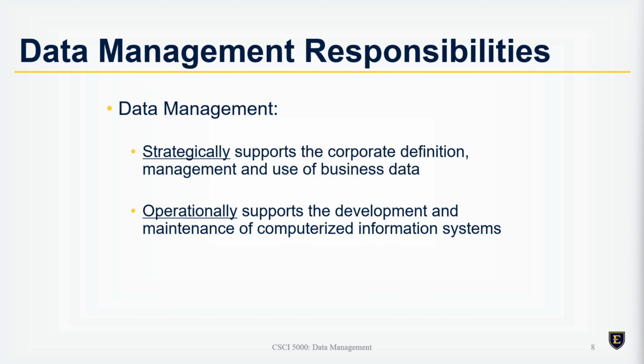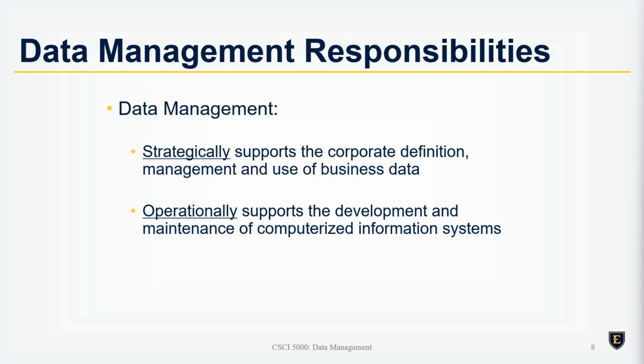On the strategic side, that is the higher ups in the company that are making those decisions because they understand the corporate vision, and then their data management plan should feed into that corporate vision, and its use of that business data should all relate back to that core business.